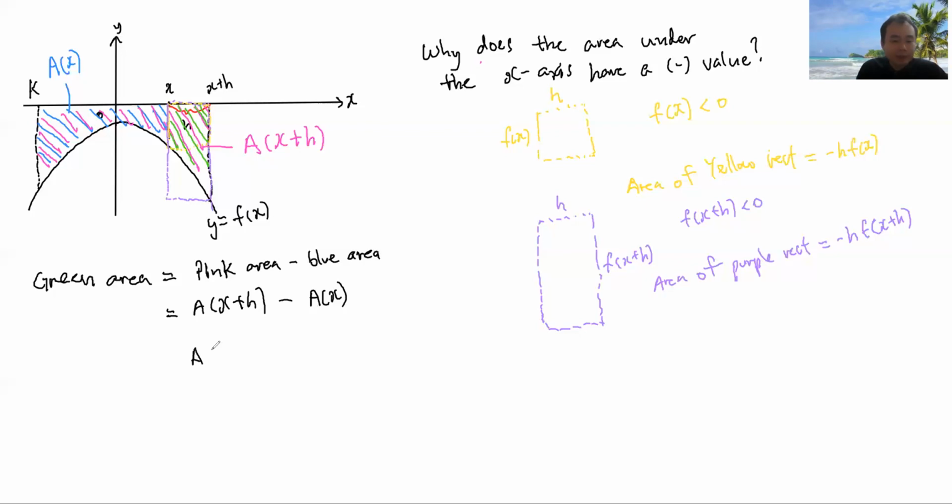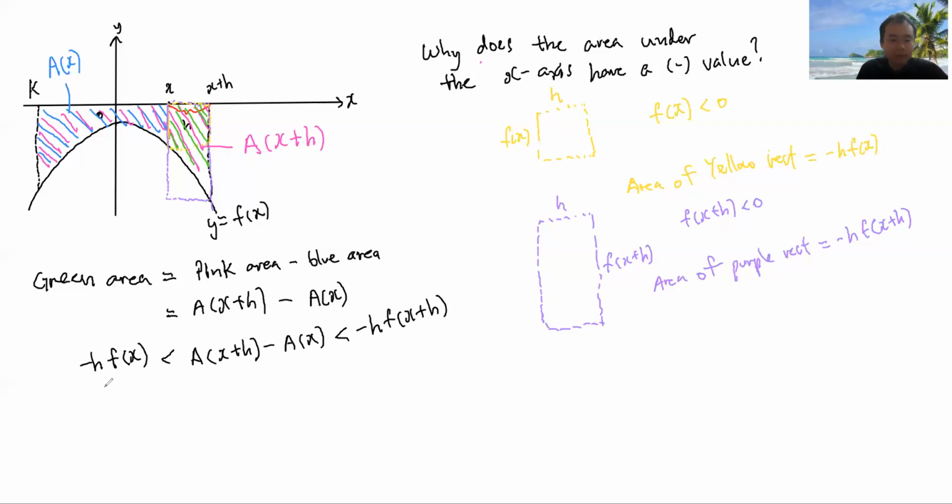So I'm going to establish this relationship here. The area is less than negative h f of x plus h, which is the area of the purple rectangle, but yet it is greater than negative h f of x, which is the yellow rectangle.